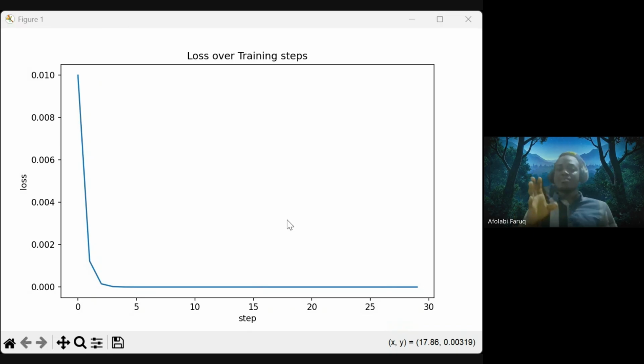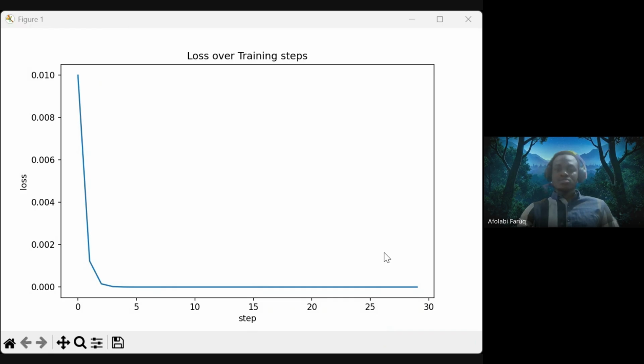This proves that backpropagation works, and it is through backpropagation that we can see the loss effectively reducing. In fact, by the second or third epoch, we've already reached a very significantly lower loss. That's how interesting backpropagation is in deep learning. Very beautiful, right?